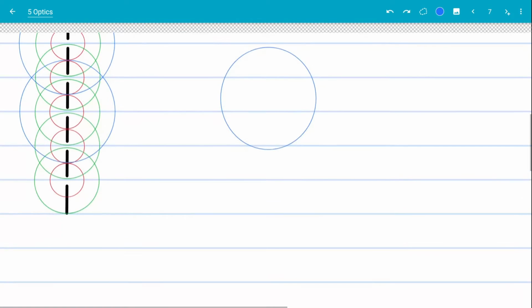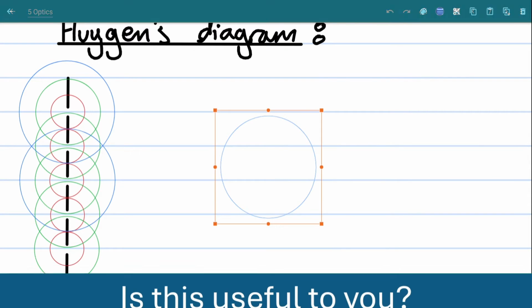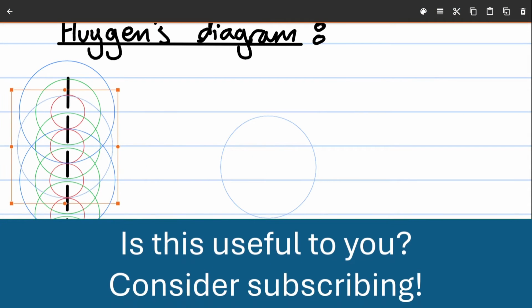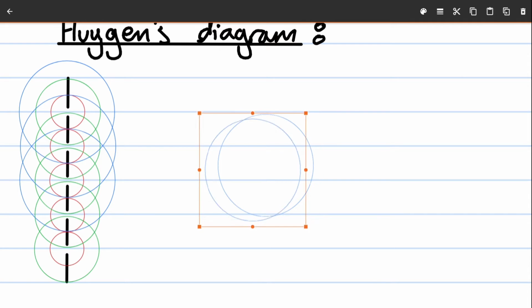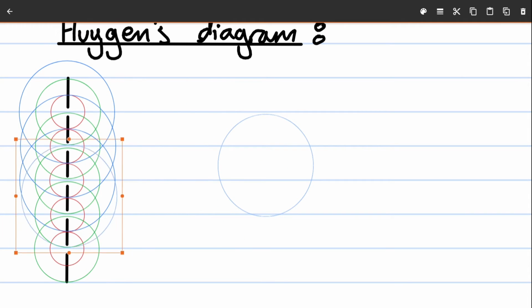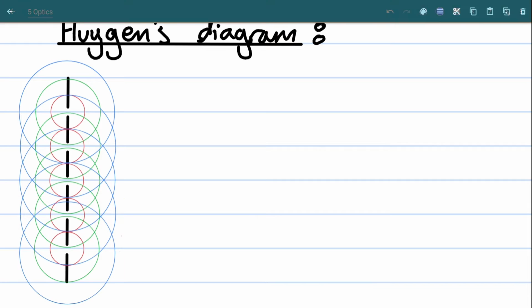Oh, I've lost it. There's the diagram. I missed out that one. 1, 2, 3 I've done. 4 is this one here. You can label it all if it helps. Not really sure if it will. Let's drop that off there and so on.